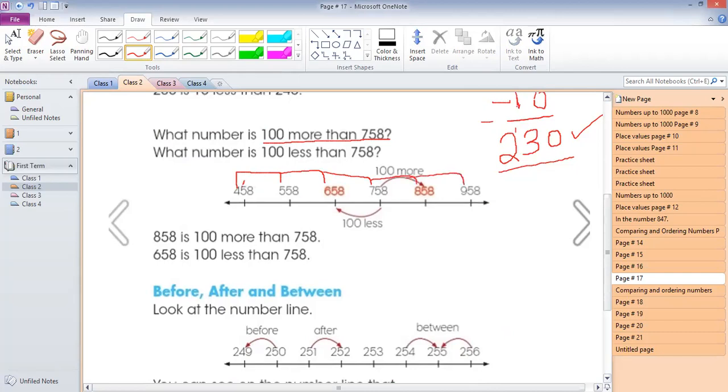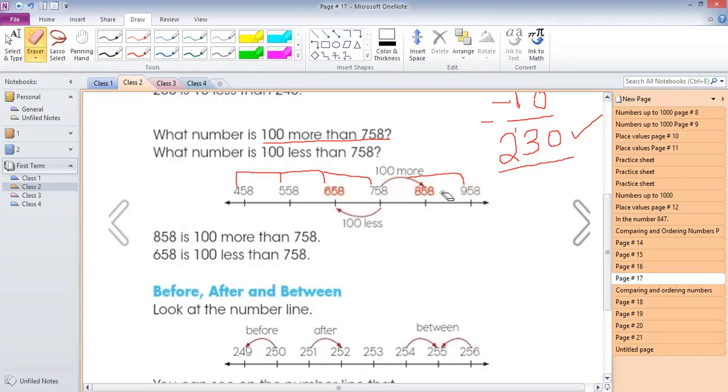And the tens and the ones are all the same. Look, 5, 8, 5, 8, 5, 8. So these are all the same in the number line. Only the number in the hundreds is increased, right?